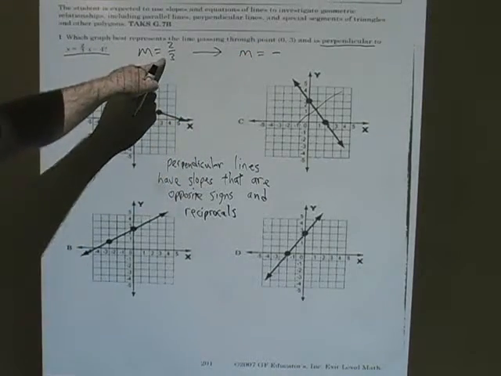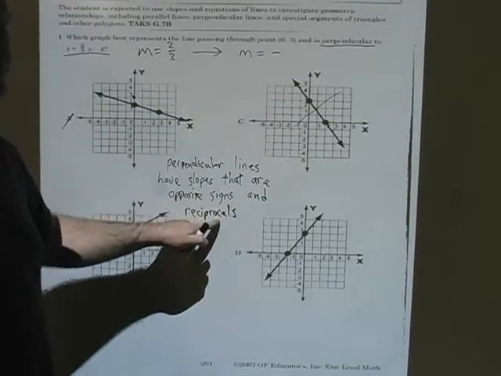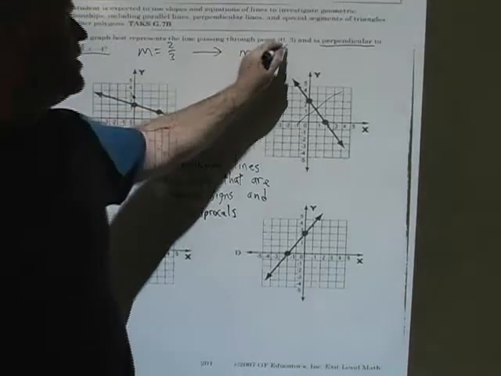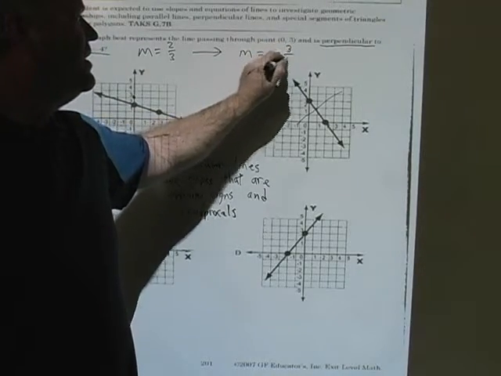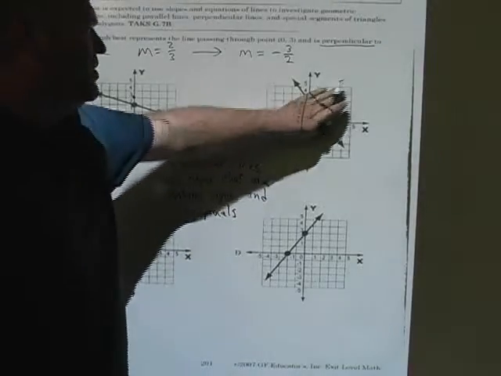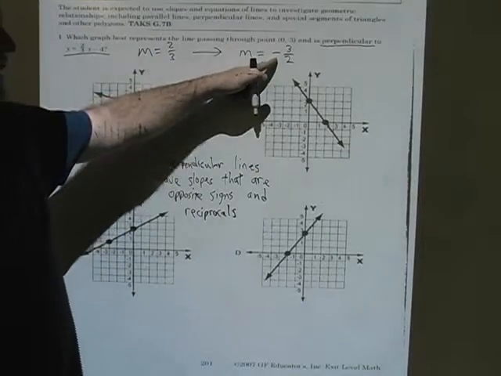Since this one was positive, this one's going to be negative. And they have to be reciprocals. So the reciprocal of 2/3 is 3/2. You just flip the 2 and the 3 and make it 3/2. So the slope of the line that we choose is going to be negative 3/2.